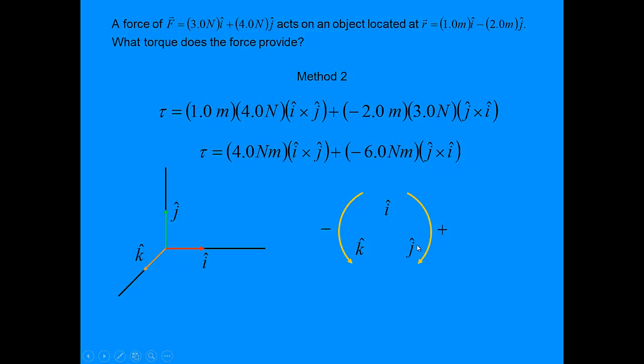So as we showed here, J crossed with I is negative K. Do it with the right hand. Rotate J into I, and your thumb points into the screen. Rotate K into J. K is sticking out of the screen. Rotate it up to J, and your thumb should be pointing to the left, which is negative I cap.